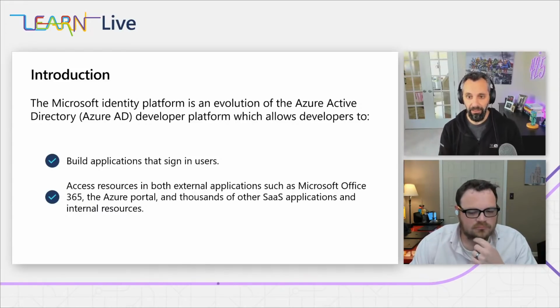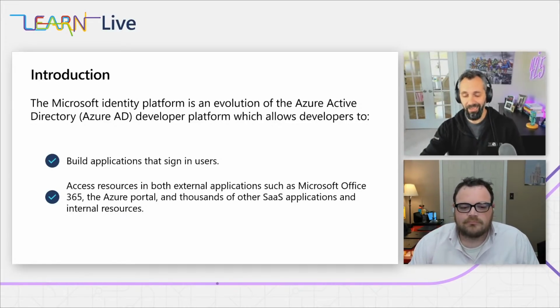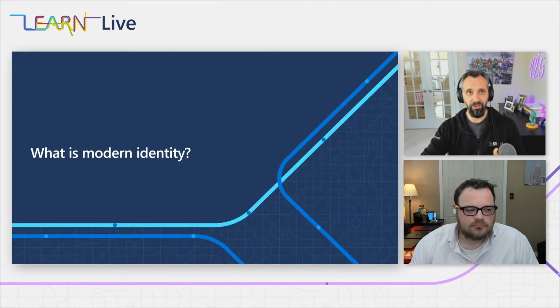So the Microsoft Identity platform, through Azure Active Directory, allows developers to build applications that can sign in users, authorize these users, and also acquire access to call other resources like Microsoft Office 365, the Azure portal and Azure resources, or thousands of other SaaS applications and internal apps. So your web app can call an API or something else, and you can secure them all like that.